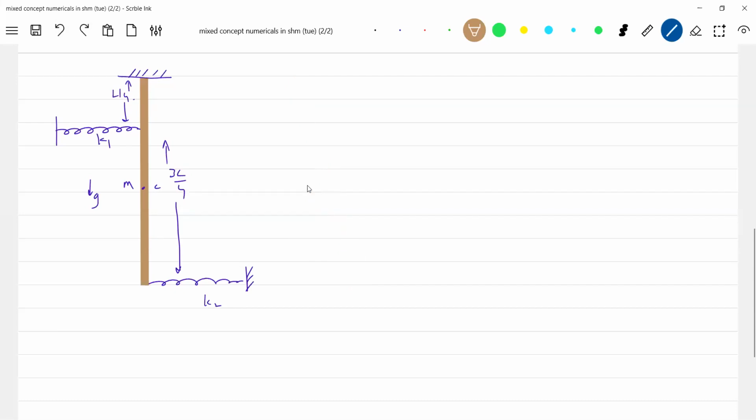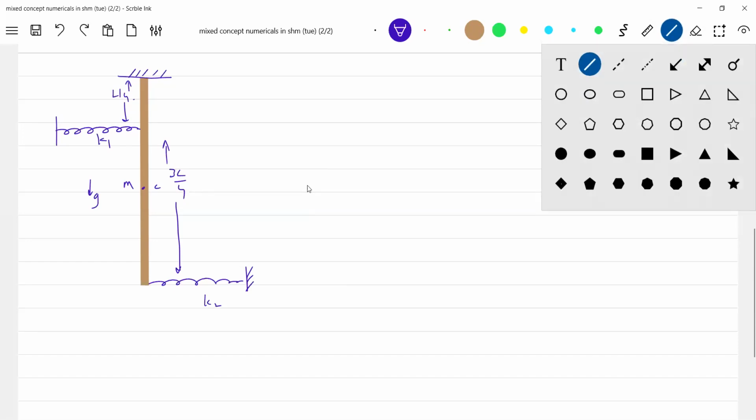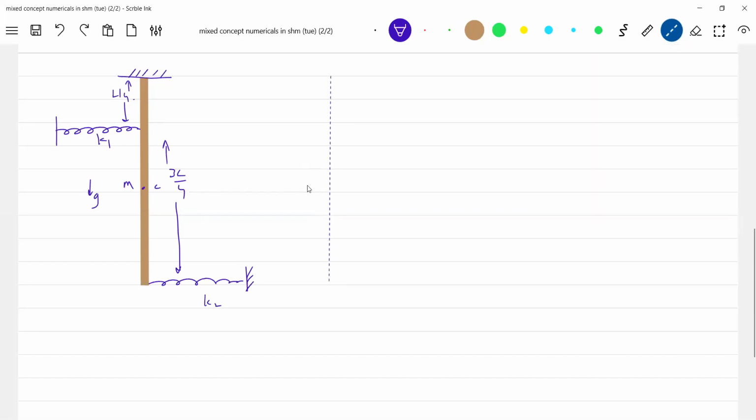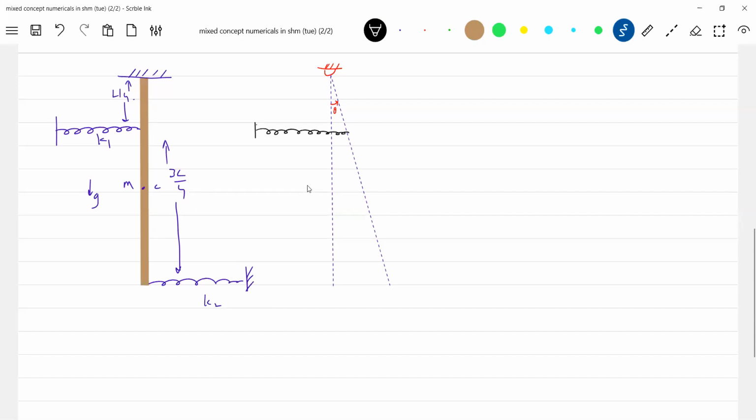Okay, let's displace the rod. Okay, there's the initial position. So let me slightly displace it. So it will be here. I'll give angular displacement theta, and this is the hinge. So what is the state of this spring? It will be elongated, so a spring force will act here.